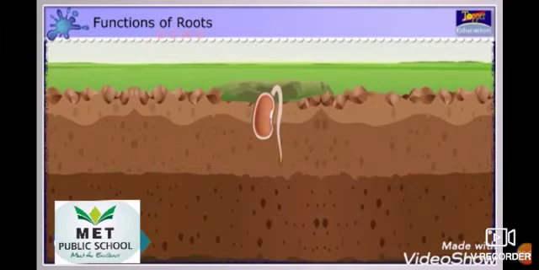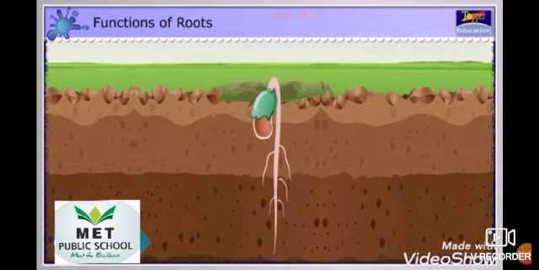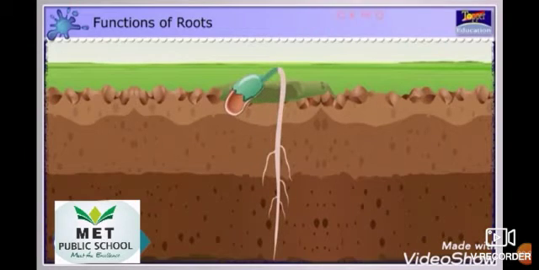Here you can see the seed, and germination goes on here, by roots. How does the function of the root take place? The root goes down, and the upper part goes up.